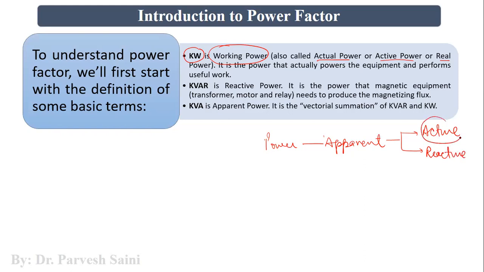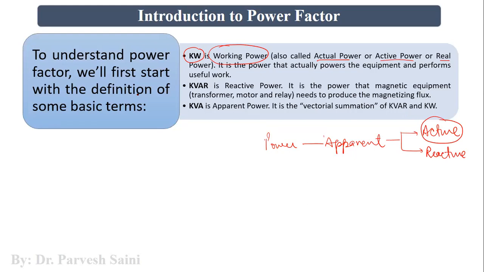This active power is the power which is actually utilized by the load connected to the electrical system. And the power which is not utilized by the load remains stored in the reactive components connected into the electrical system, such as inductive components like transformer, motor, or any other inductive component, or let us say inductor itself, right?